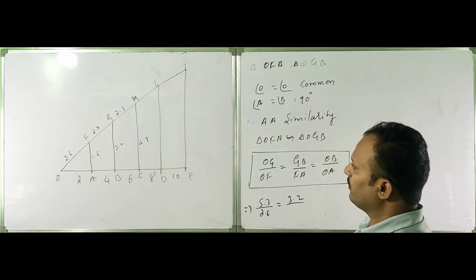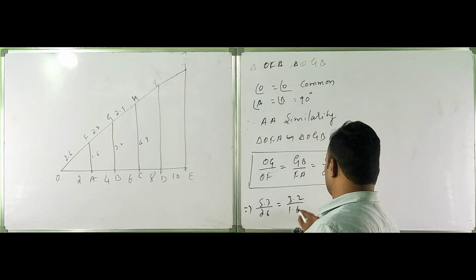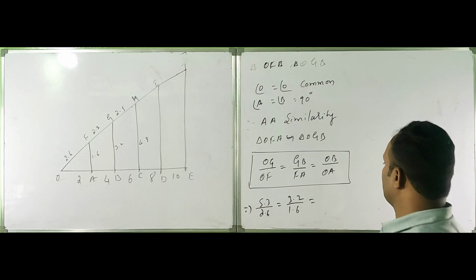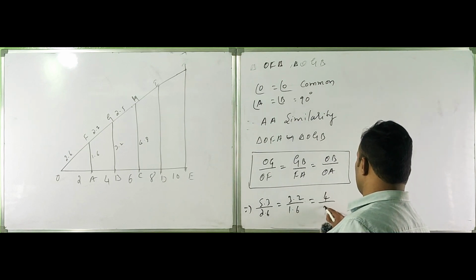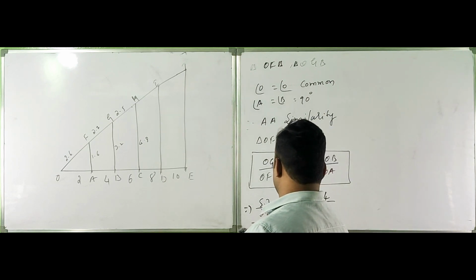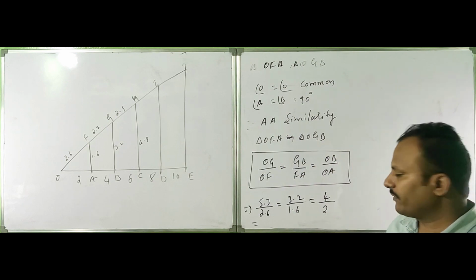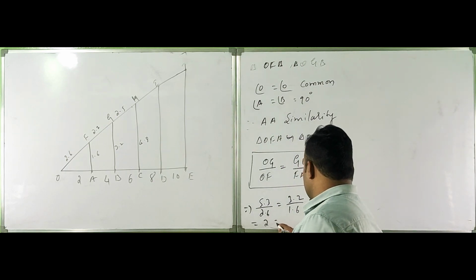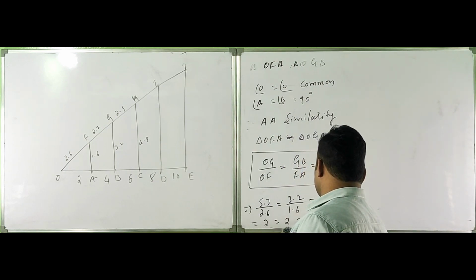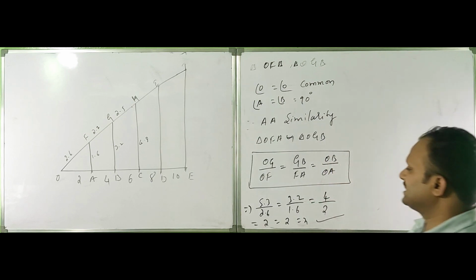For the FA 1.6, what is OB? It is 4. What is OA? OA is 2. So we are getting nearly 2.6, 2.6, then 2 to 5.2, 2 is equal to 2, 1.6 equal to 2. See, we are getting the same ratio.